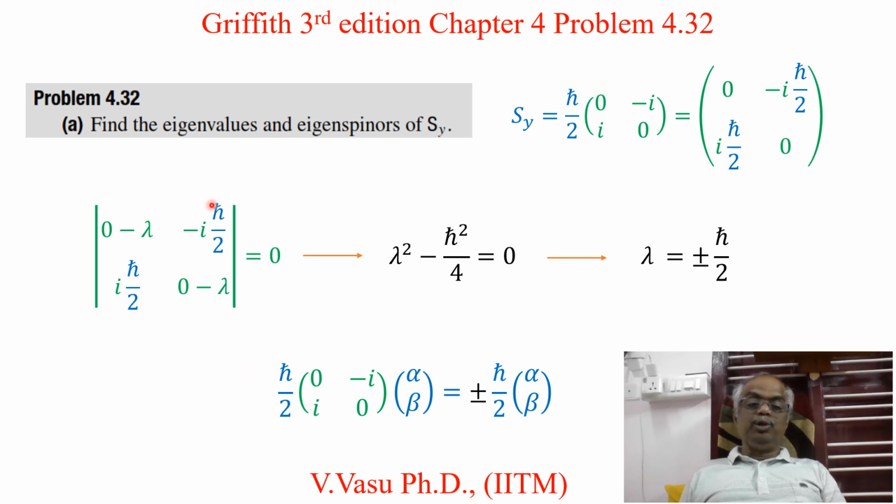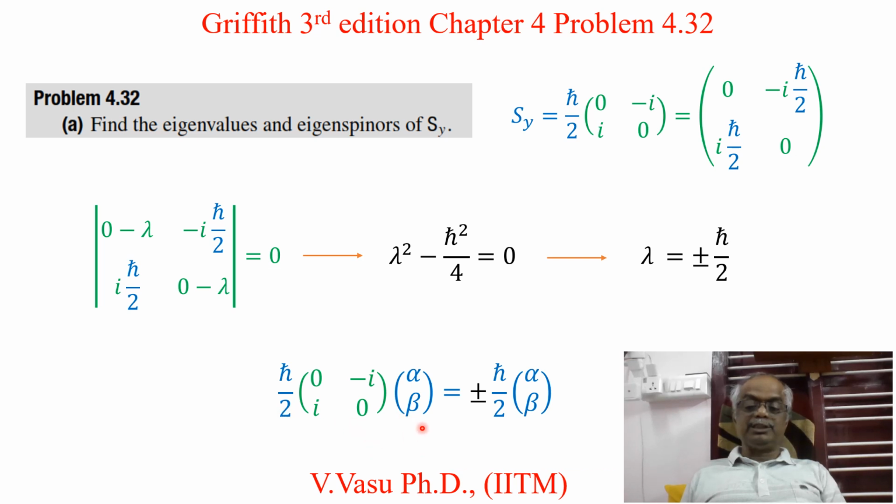This is the eigenvalue. It will be either plus ħ/2 or minus ħ/2. Then you have to find the eigenspinor. The S_y matrix is ħ/2 times (0, −i; i, 0). The spinor, that is the column matrix, is (alpha, beta).